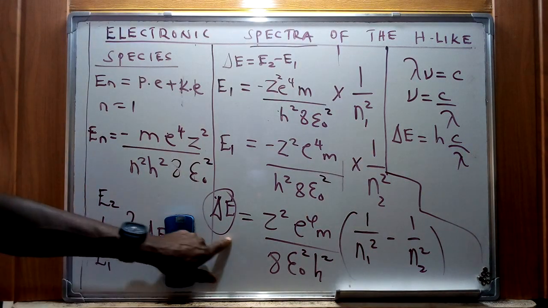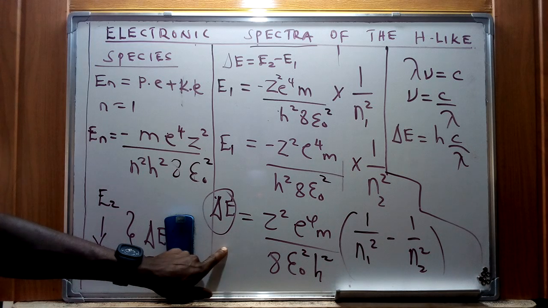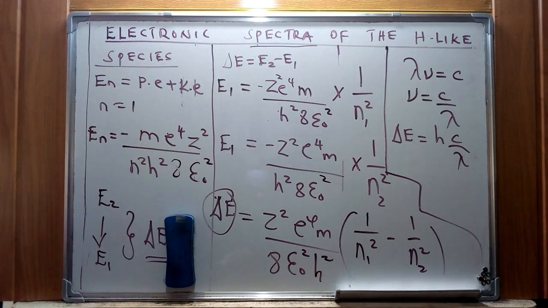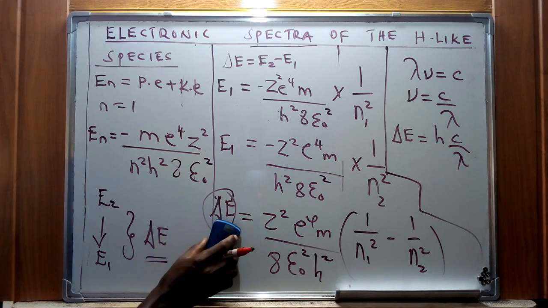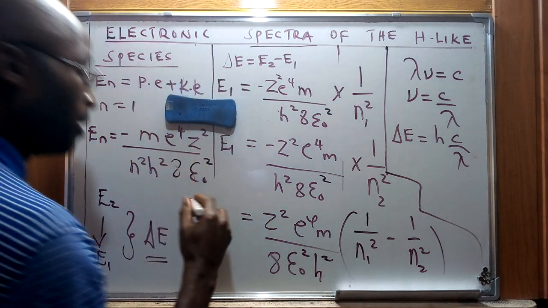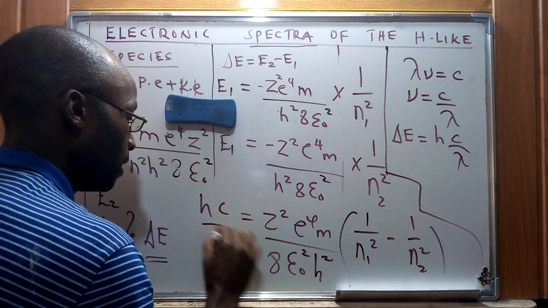And if we try to equate this formula with the change in energy that I've given at that specific point, because of space I'm not going to wrap this one, I'm just going to change this notation for the change in energy and give it as hc over lambda.